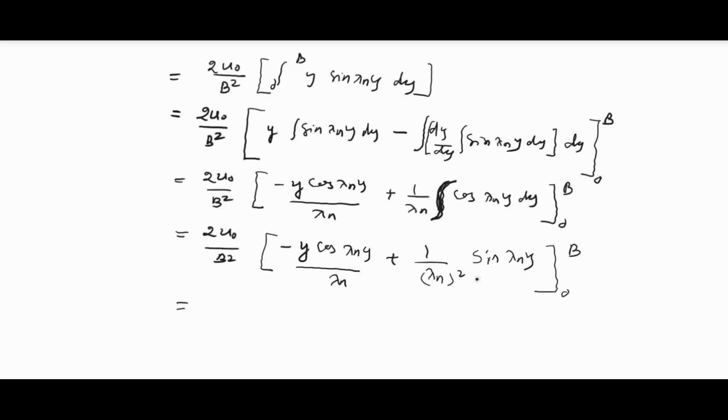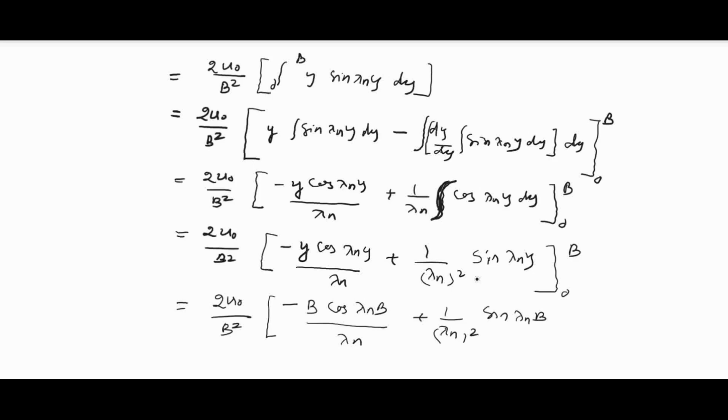Now if we put the value b here, we will get minus b cos(λ_n b) by λ_n plus 1 by λ_n squared sin(λ_n b).